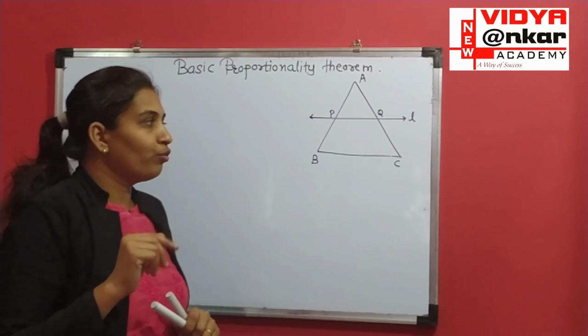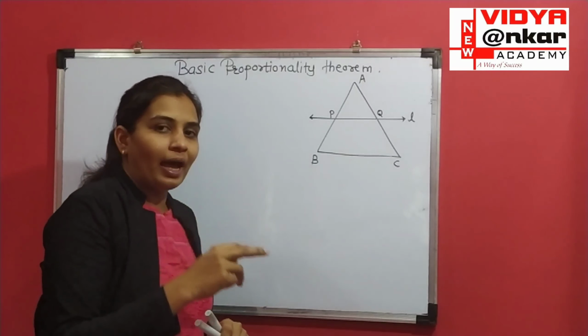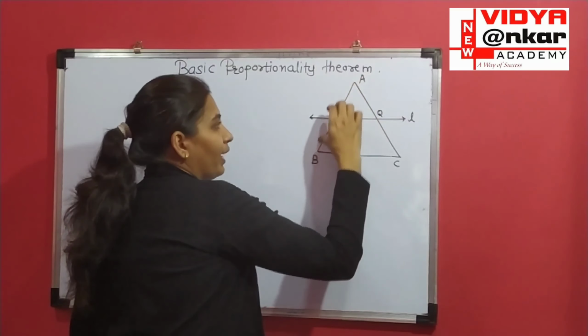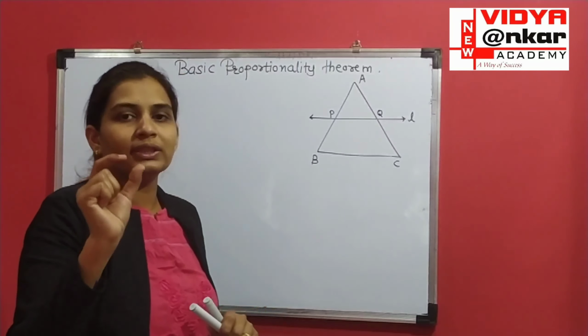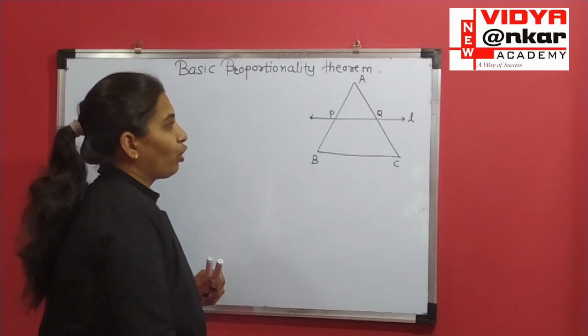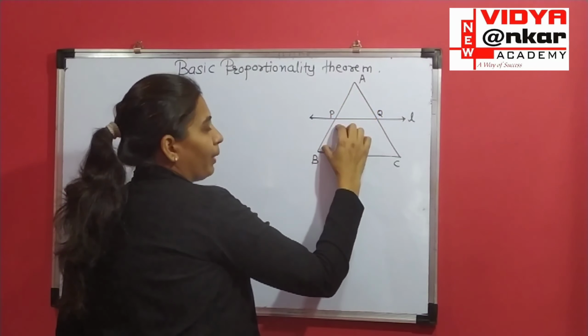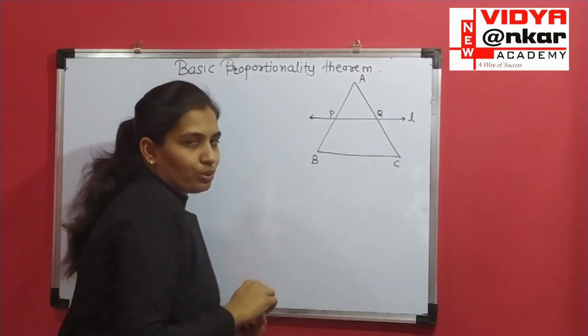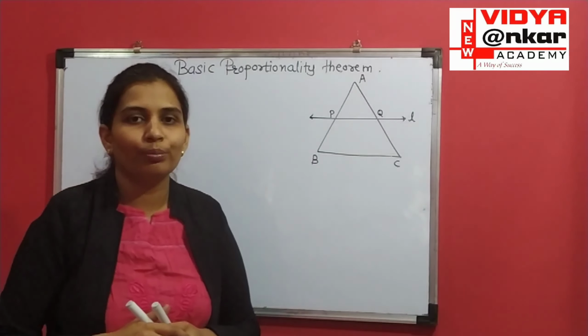Now students, what do we have to prove? This line divides the sides in the same proportion. Now same proportion means what? AP upon PB will be equal to AQ upon QC, and that we have to prove.